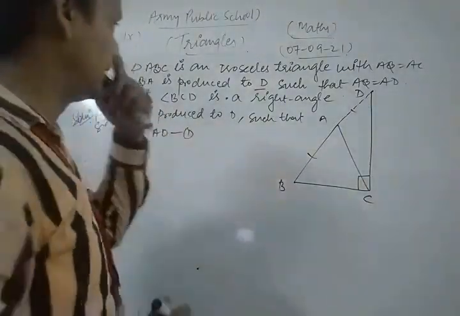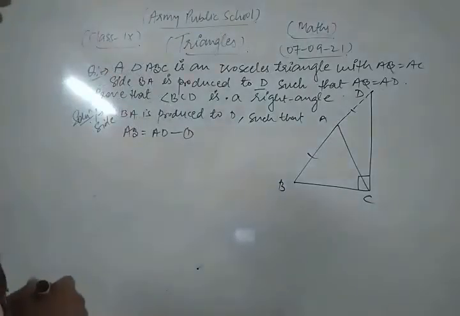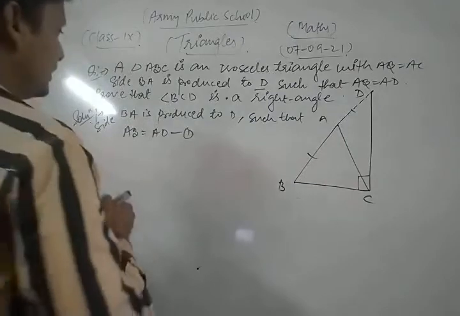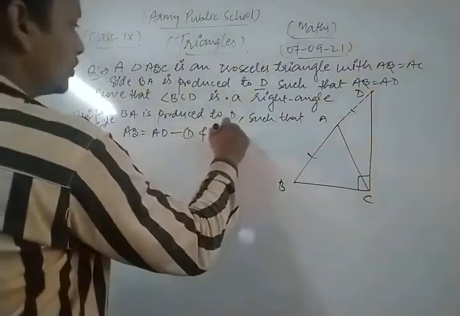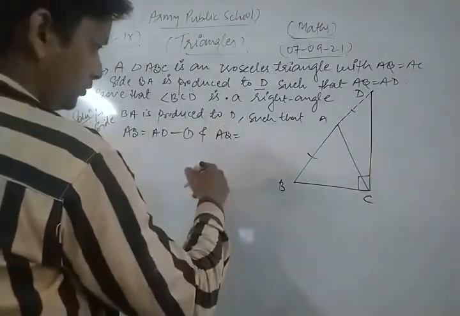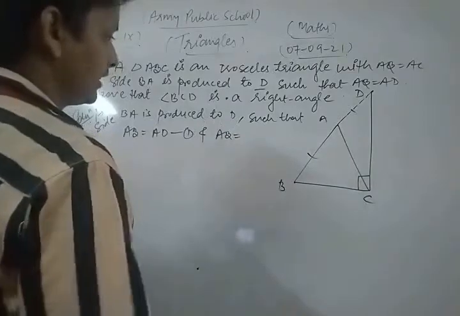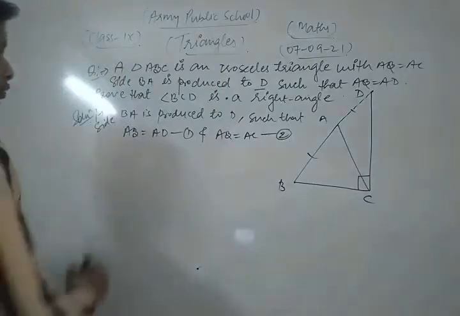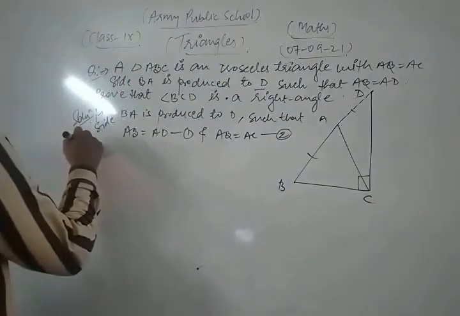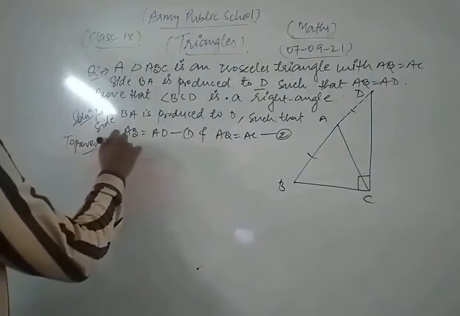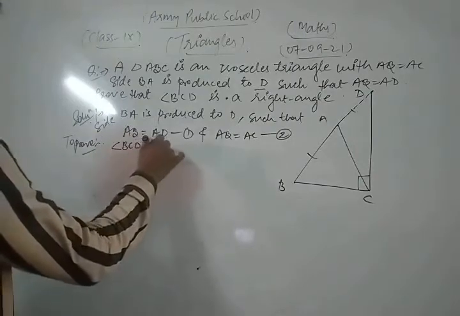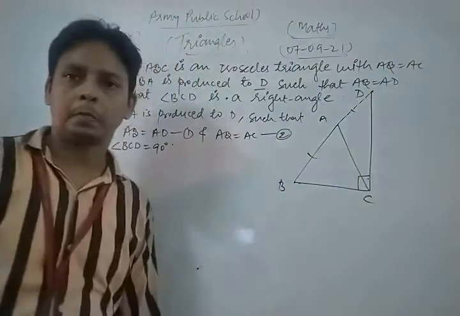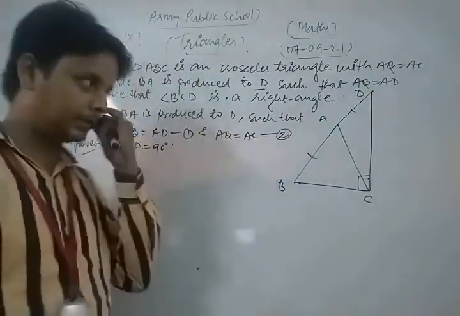Since it is an isosceles triangle, AB is also equal to AC. We take this as equation number 2. This is also given. To prove: we have to show that angle BCD is a right angle, which means it is 90 degrees.